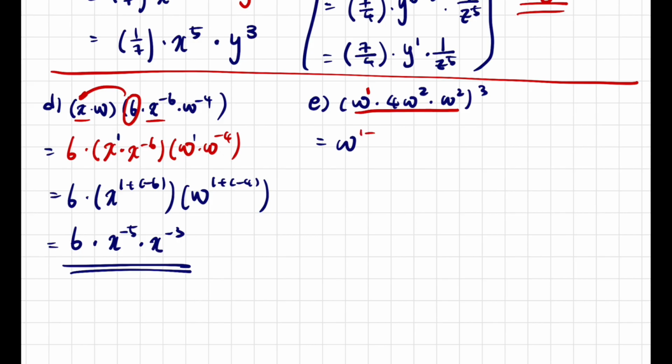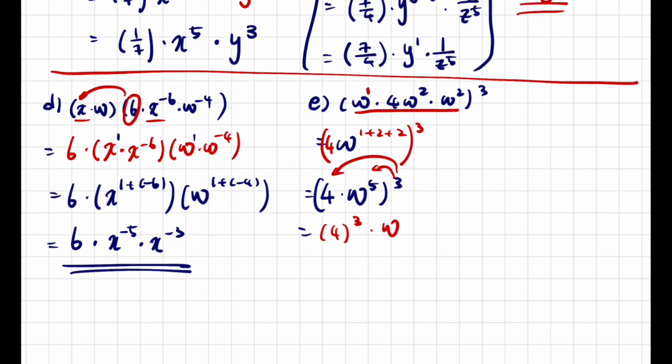So 1 plus 2 plus 2, and don't forget the 4, right? 4 times w to the power of 5 to the power of 3. Then we expand the power, so we get 4 to the power of 3 times w to the power of 15, right? I'm not going to expand the 4 to the power of 3, okay?